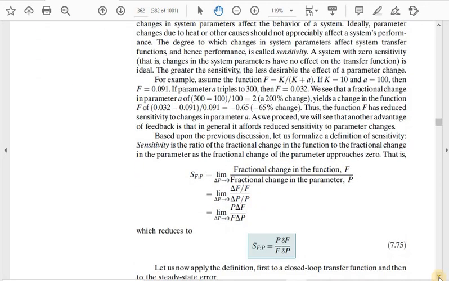How we calculate it is very simple: we take the limit as delta p goes to 0 of p delta f divided by f delta p. If we apply the delta p limit, it becomes a partial derivative, actually del f divided by del p times p divided by f. So this is the formula that can be used to solve the sensitivity problem.